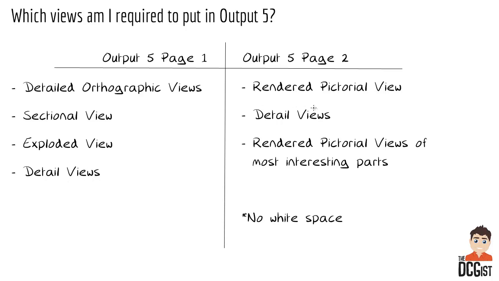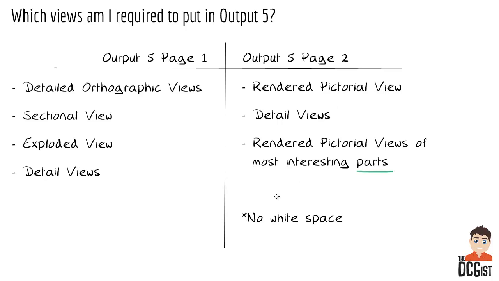Then on page 2, I get my students to do the rendered pictorial view, then some more detailed views, and rendered pictorial views of the most interesting parts. So they are parts rather than the assembly, okay? Or alternatively sub-assemblies where you hide some of the assembly but only show some of it.